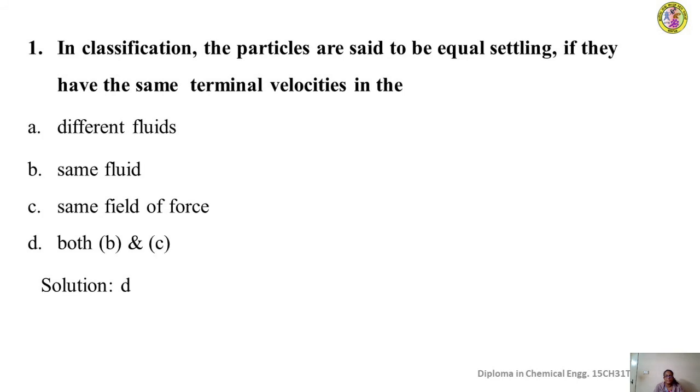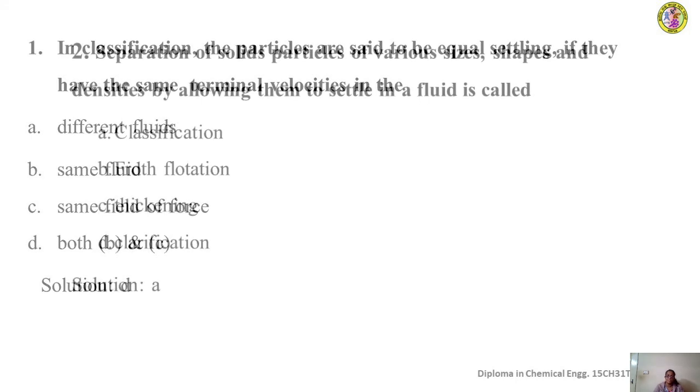In classification, the particles are said to be equal settling if they have the same terminal velocities in different fluids, same fluid, same field of force, or both B and C. For the right answer, it is both B and C. If the particles need to settle out at an equal settling rate, then they have to settle in the same fluid and also the same field of force is required. So both B and C, option D is the right answer.